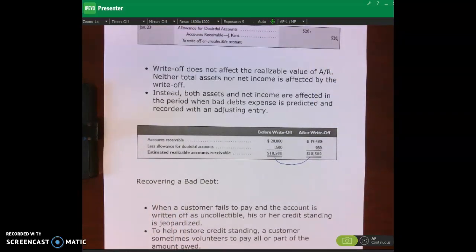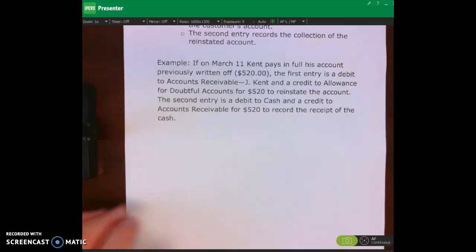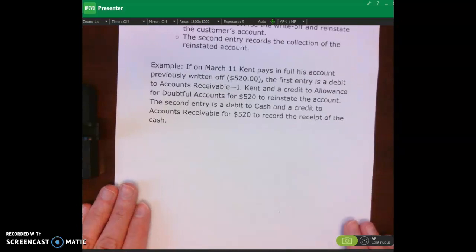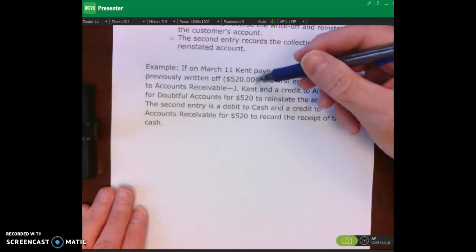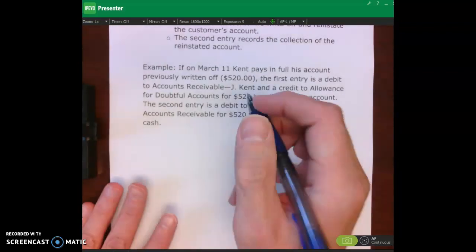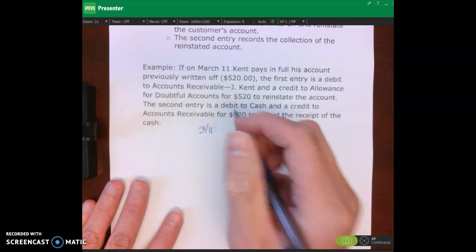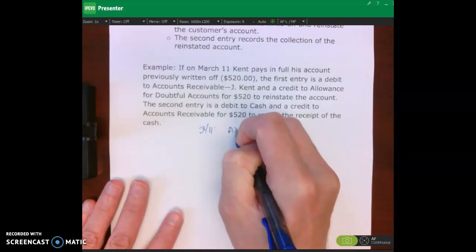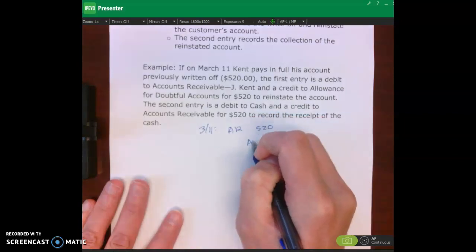So let's look at page 186, where we look at this example problem. It says, if on March 11th, Kent pays his account in full, his account that was previously written off, let's look at the journal entry. We come over here on 3/11. So we will debit accounts receivable, 520, and then we will credit the allowance.